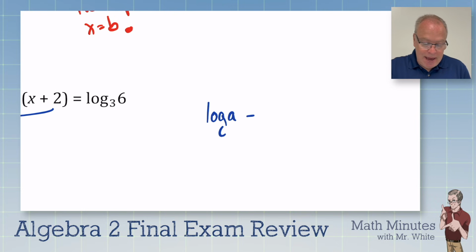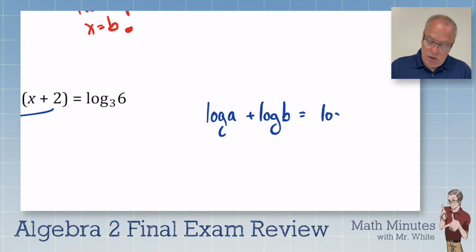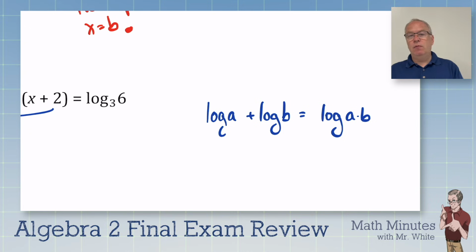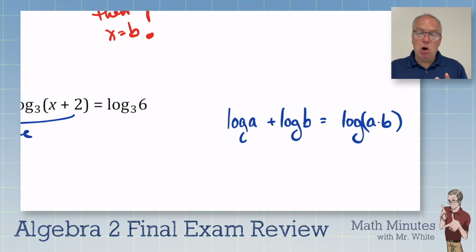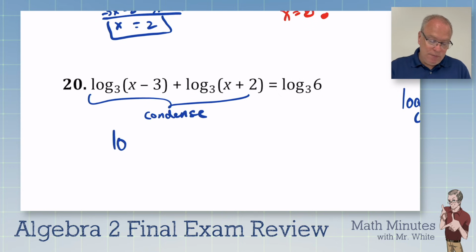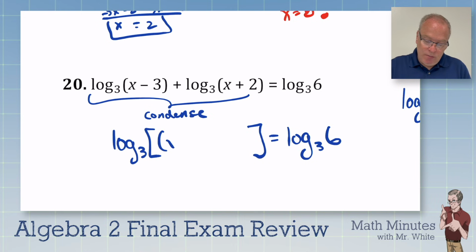When you have log A plus log B, it is log A times B. And I've got like 3 or 4 different videos on properties of logs if you need to check those out. So we can combine into one log by multiplying. So this becomes log base 3 of, I'm going to put a big bracket here just to make it super clear, that x minus 3 and x plus 2 are going to be inside that logarithm there.